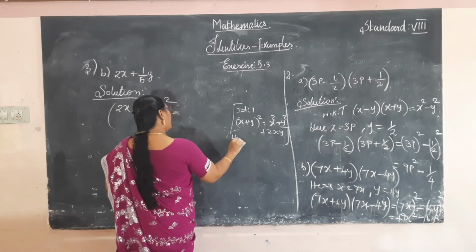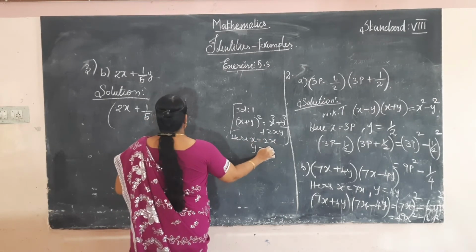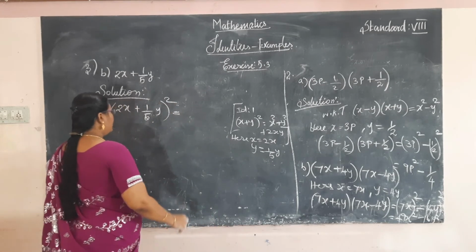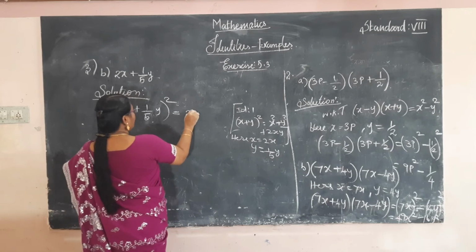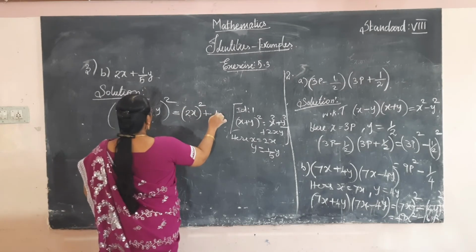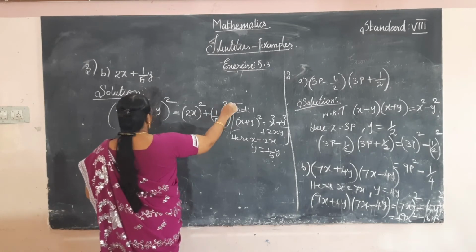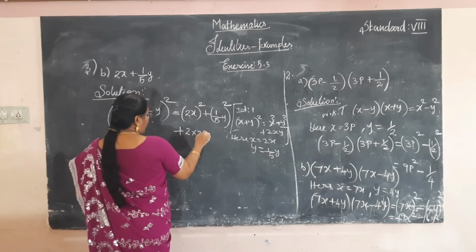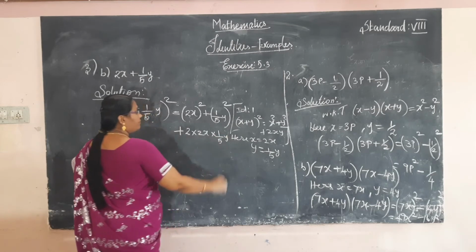Here x value is 2x, y value is 1 by 5y. Now substitute in the identity. So (2x) the whole square plus (1 by 5y) the whole square plus 2 into x value 2x, y value 1 by 5y.